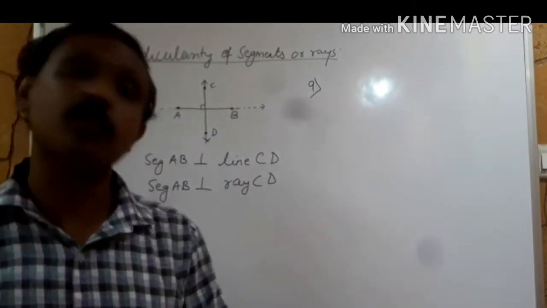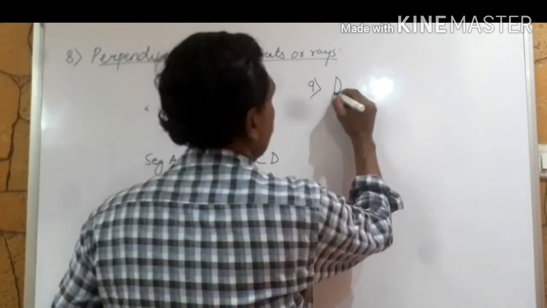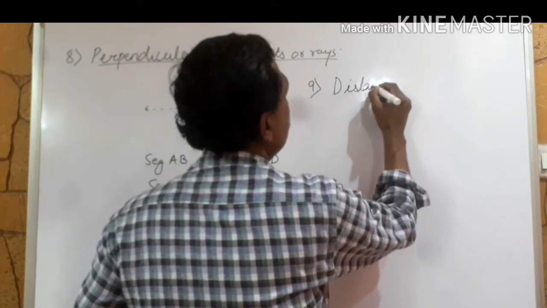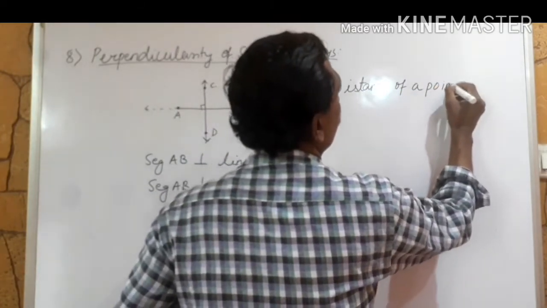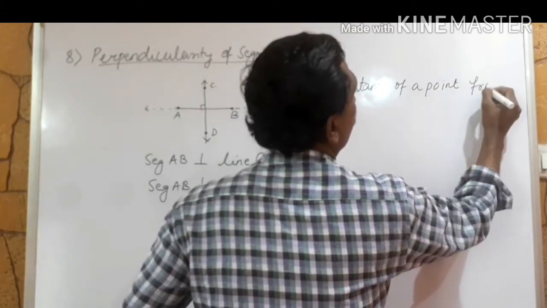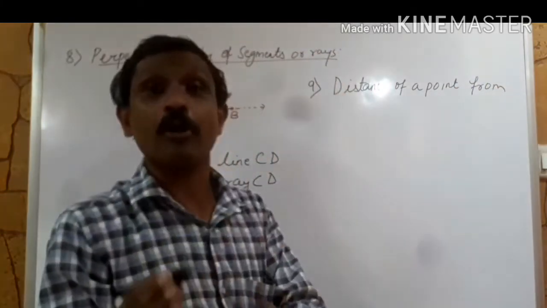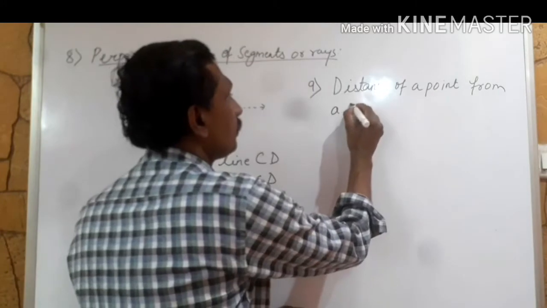Let's take the next one, ninth one. Distance of a point from a line.